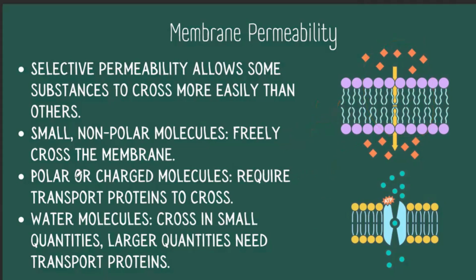But if you have polar or charged molecules or large molecules, they'll need some sort of transport protein. You'll talk more in detail about passive versus active transport. And for example, you have water molecules that help larger quantities of items pass through as well. So these are just different things to help you out.